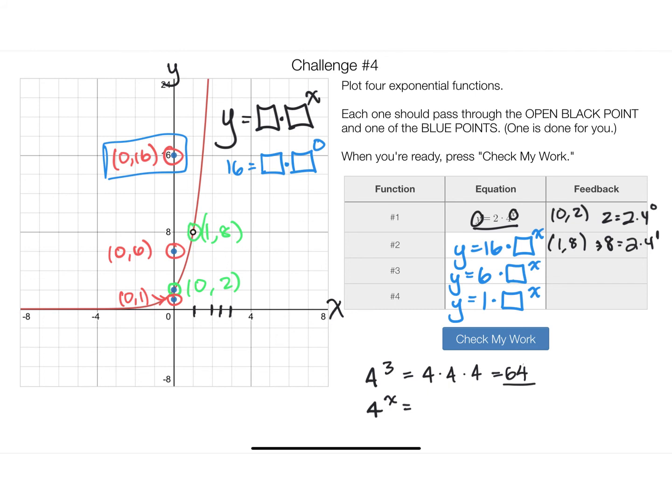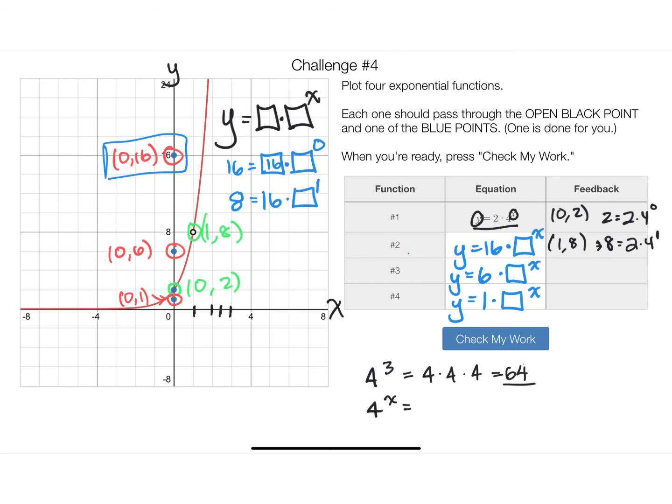Then we're going to use this green point to help us out. Again, focusing on (0, 16), I now know that when I plug in, 8 is equal to that first number, 16, times some number to the 1, because we're using the point (1, 8).